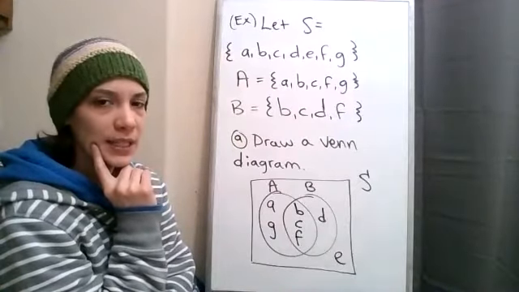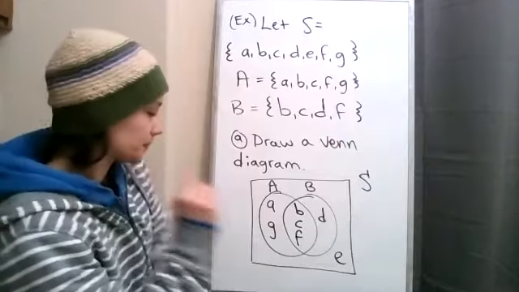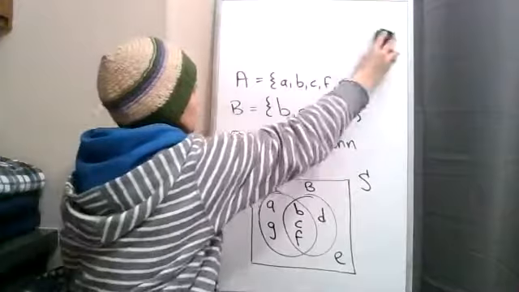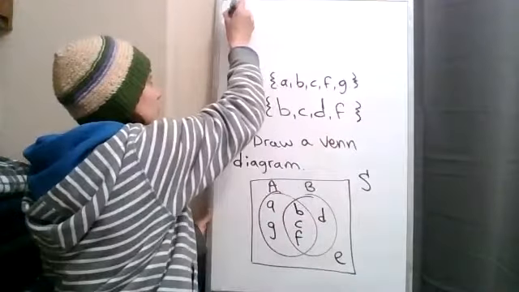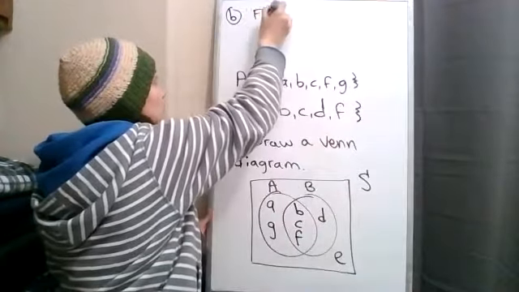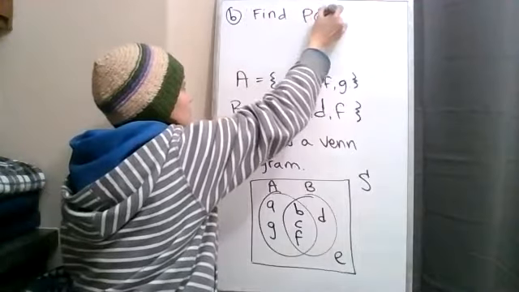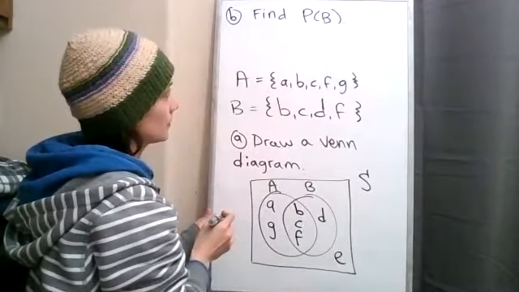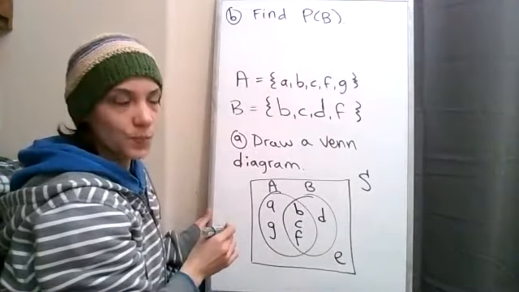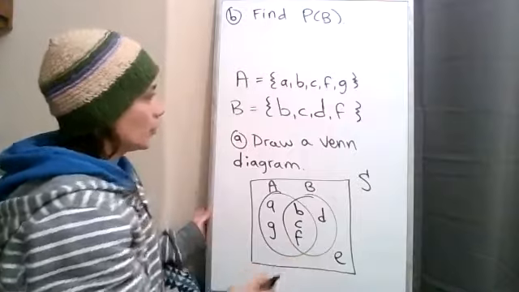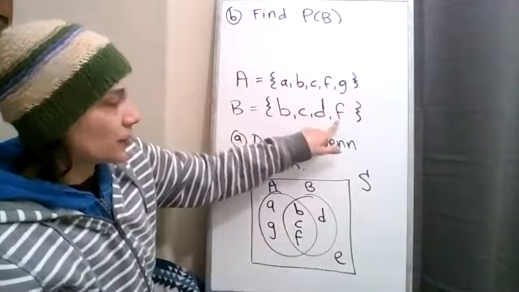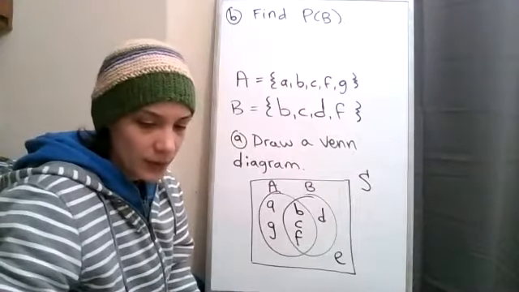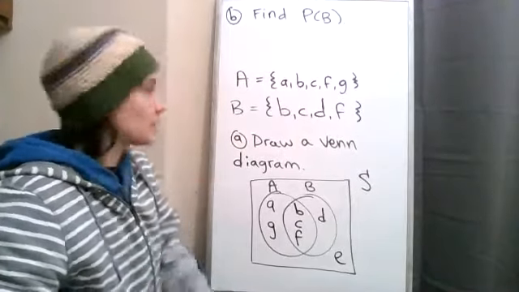Let's find the probability of B. Okay, we look here, there's 1, 2, 3, 4 elements out of, let's see, 1, 2, 3, 4, 5, 6, 7, 8 possible.